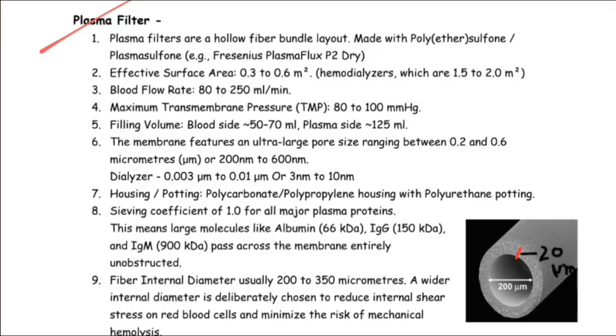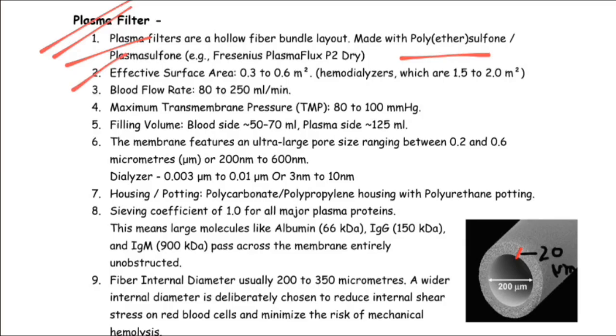Now we are going to learn some specifications of the plasma filter. We have already seen a Fresenius company filter, the plasma filter called P1 or P2. These are some specifications of that filter. The first one: plasma filters have a hollow fiber bundle layout, as we all know, made with polyethersulfone or polysulfone, like a hemodialyzer membrane.